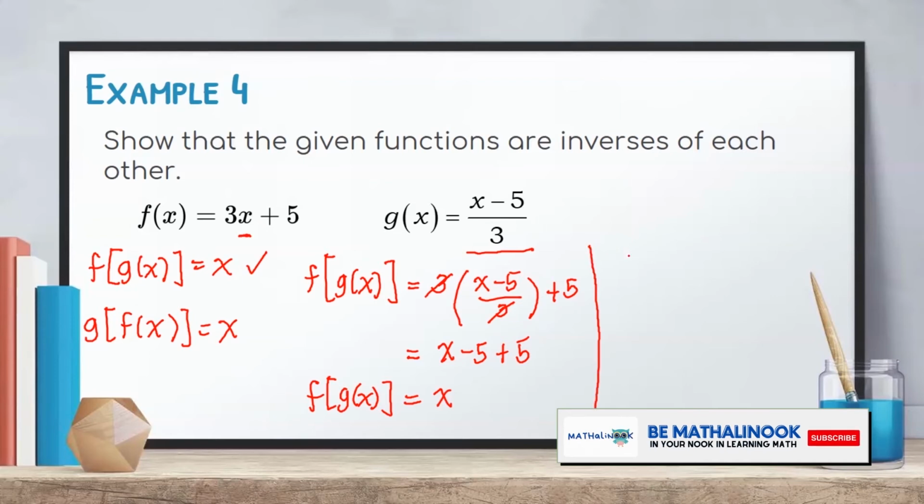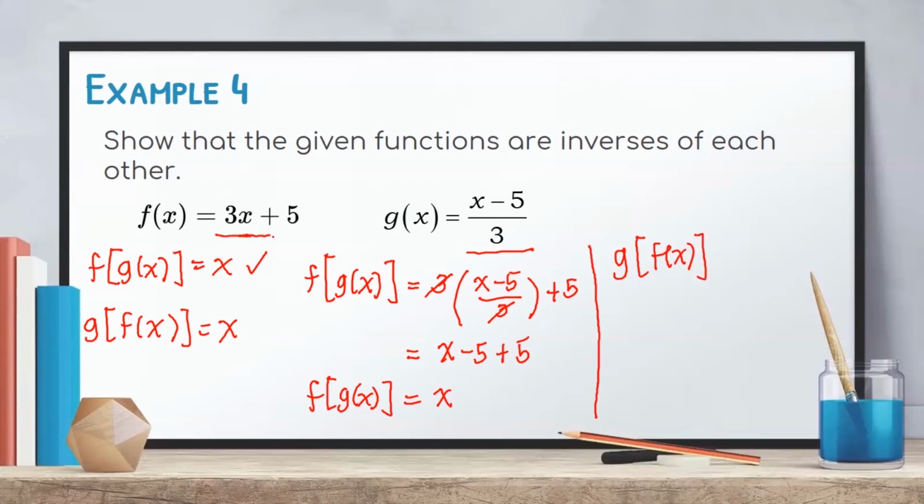On the other hand, g of f of x, we need to substitute the entire f of x to the x of g of x. So we're gonna have 3x plus 5 minus 5 all over 3. Simplifying the numerator, positive 5 minus 5 is 0.